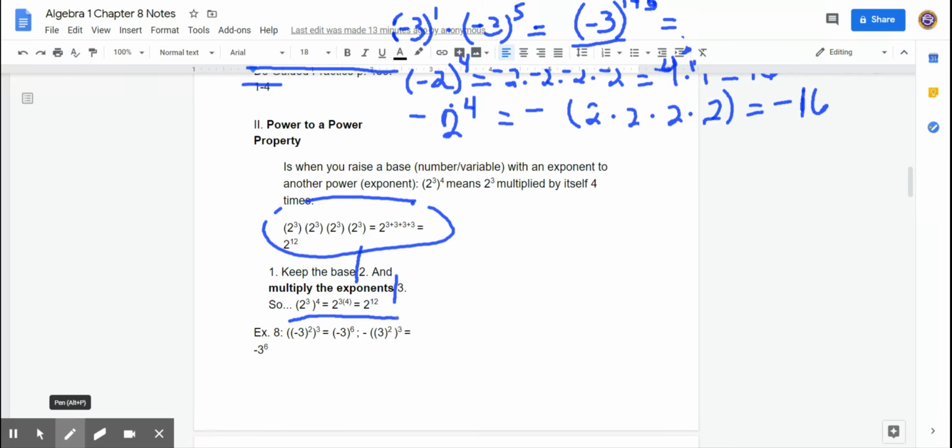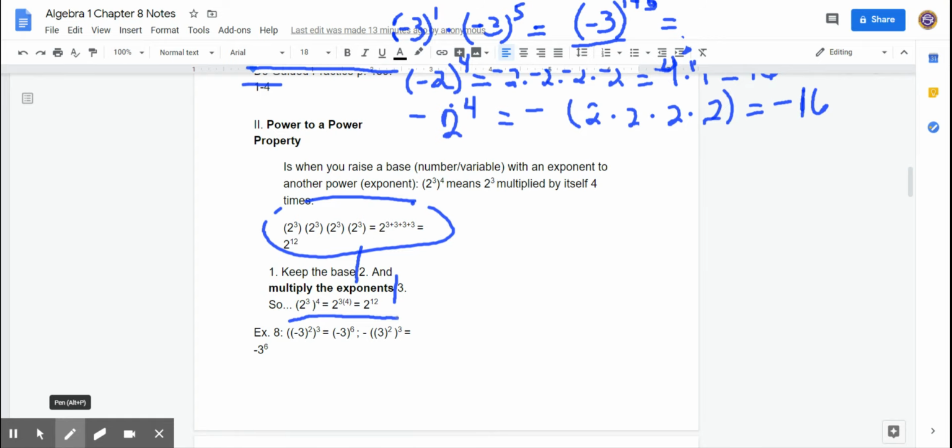Example 8. Example 8 is the quantity of negative 3 squared to the 3rd power. So that's keep the base, which is negative 3. 2 times 3 is 6. Okay? 2 times 3 is 6. So that's the quantity of negative 3 to the 6th power.